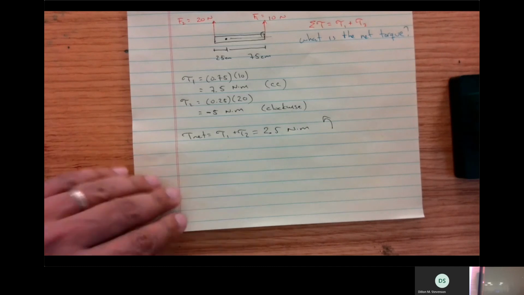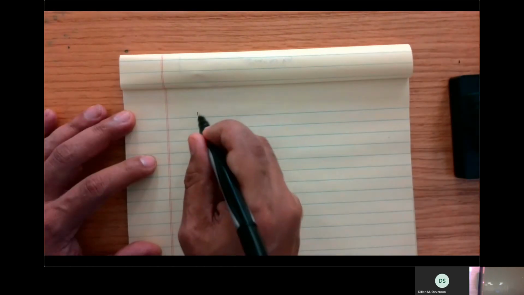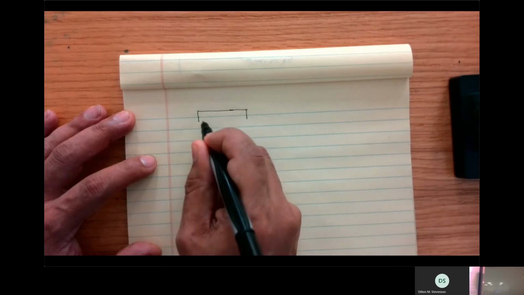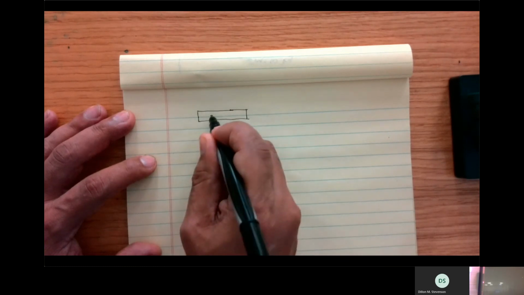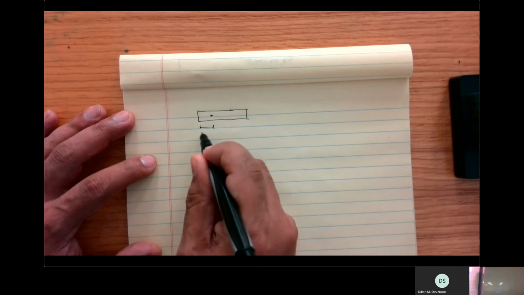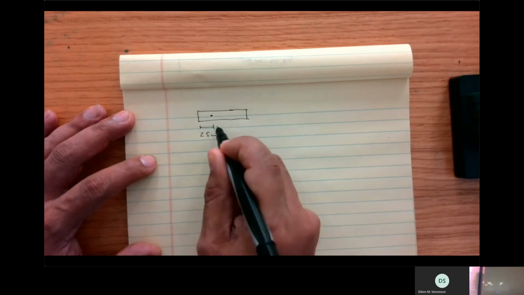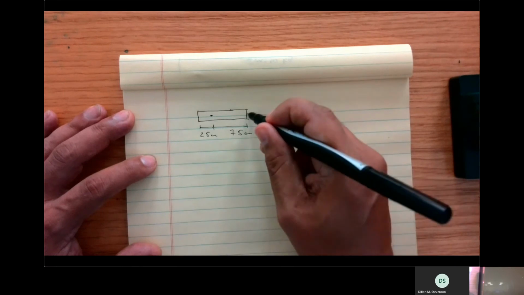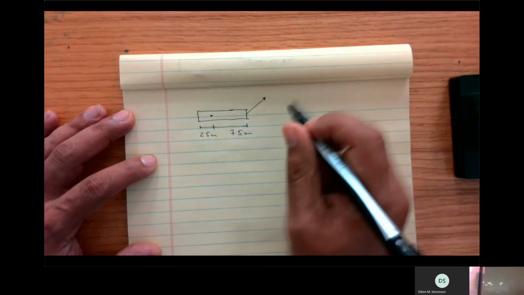Okay. Last problem. It's pretty similar, same object. We still have the pivot at 1/4. And now we have the same forces. What was it? 10 newtons?